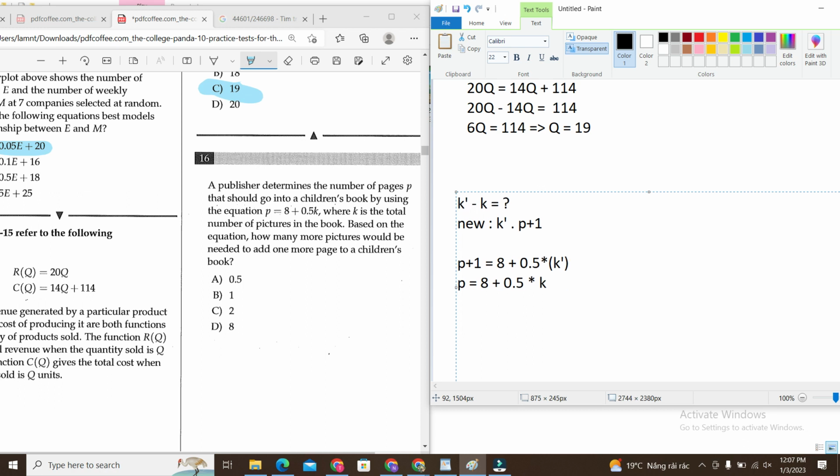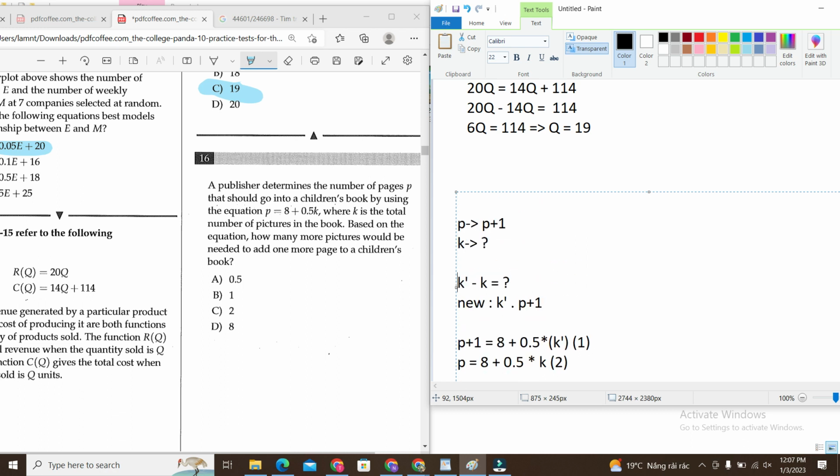So we have 1 equal to 0.5 times K prime minus K. So here we take equation 1 and subtract equation 2.